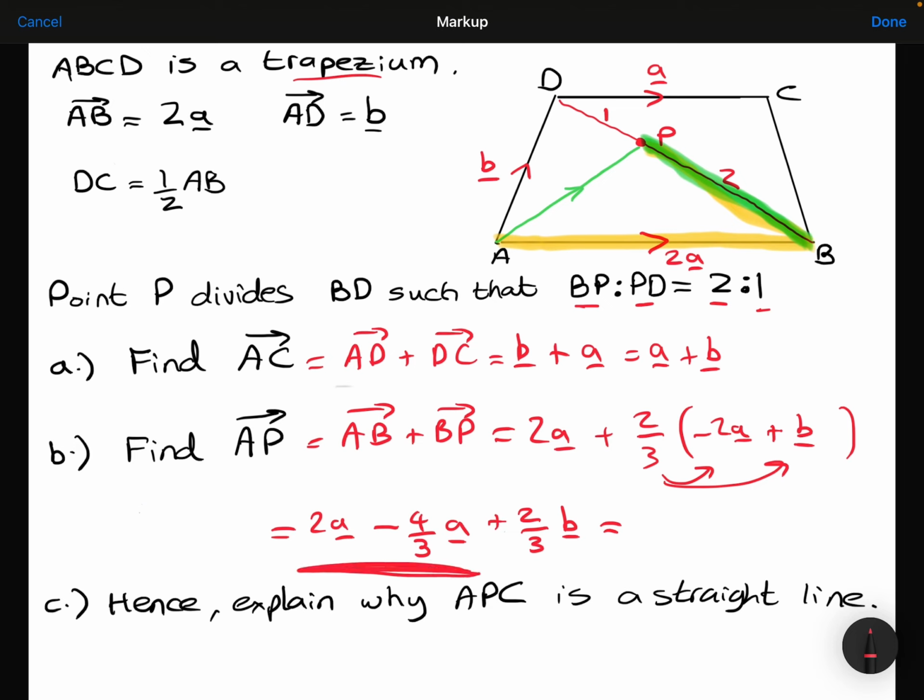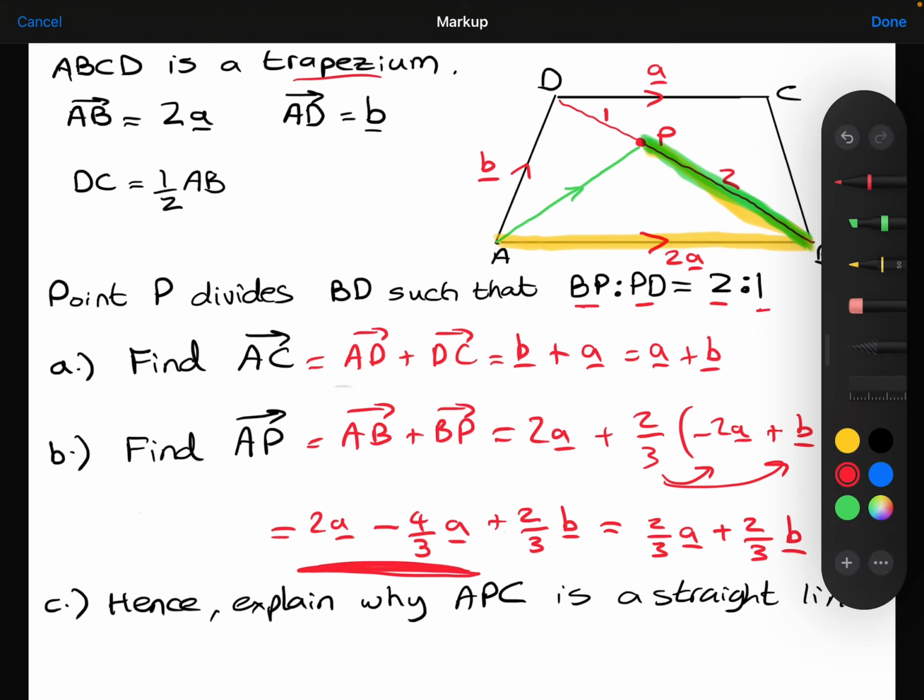So collecting these together, I get 2/3 a, because 2 minus 4/3 is 2/3, plus 2/3 b. And that's the answer to part b. This is my vector AP. This is my vector AC.